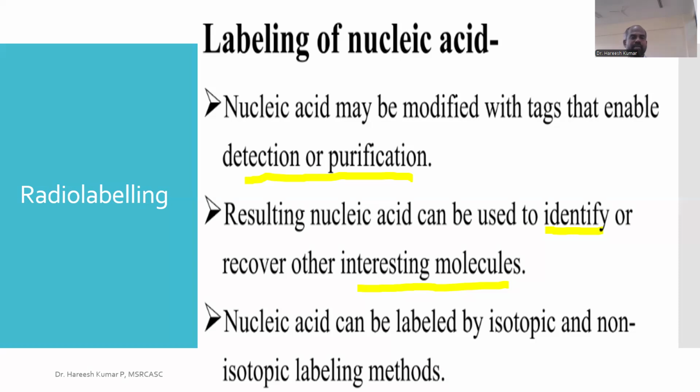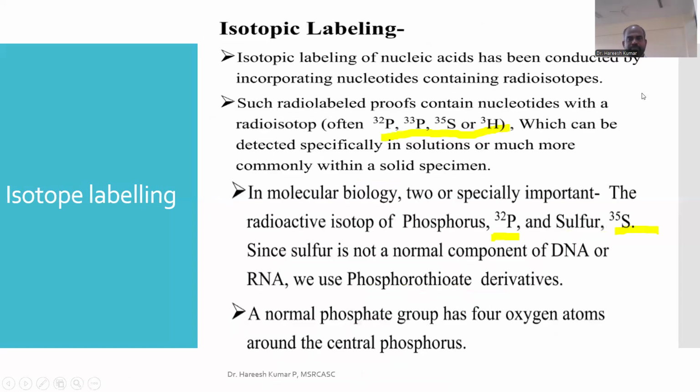That is the idea behind the radioactive labeling. Isotope labeling of nucleic acids has been conducted by incorporating nucleotides containing radioisotopes. Such radio-labeled probes contain the nucleotides with radioisotopes, often P32, P33, S35, and tritium.